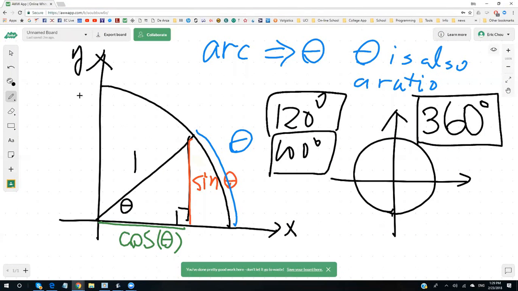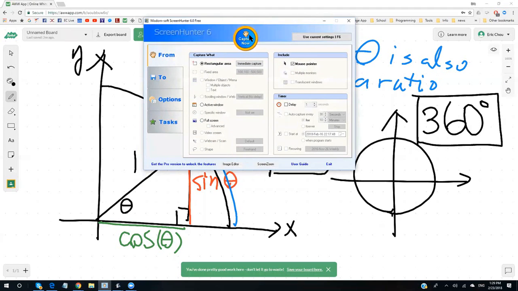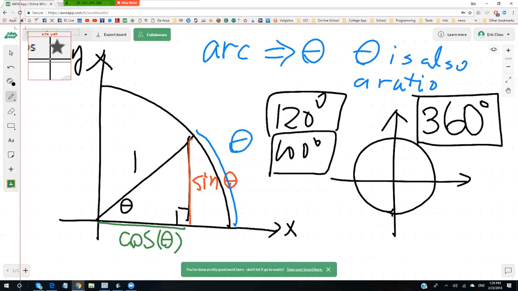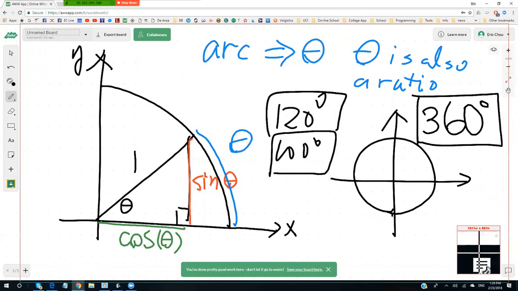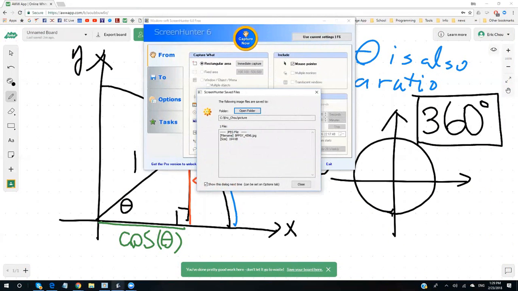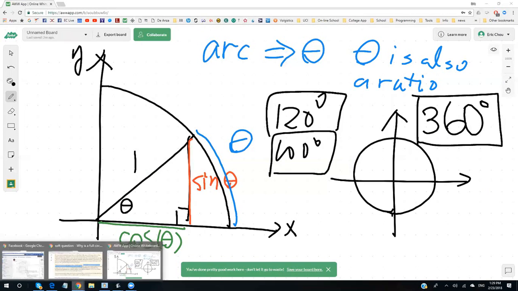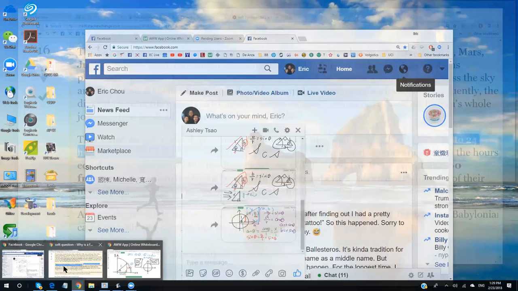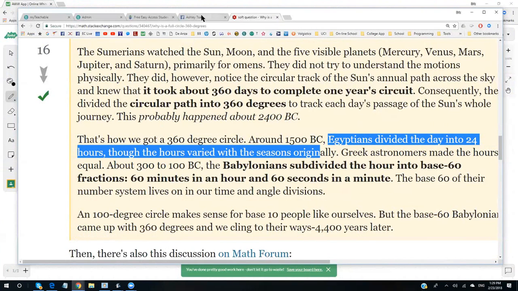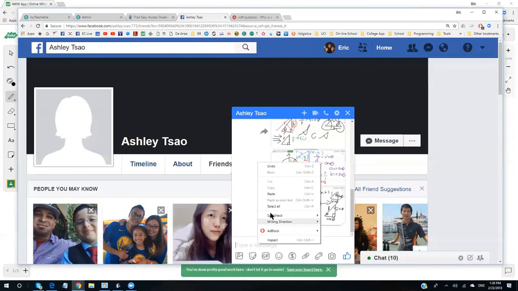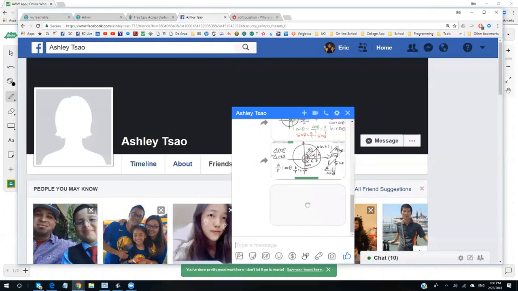In ancient time, they did not use a cell phone to keep their hours. So what did they do? What did they use for keeping the hour, knowing what time it is right now? What did the ancient people use to do that?